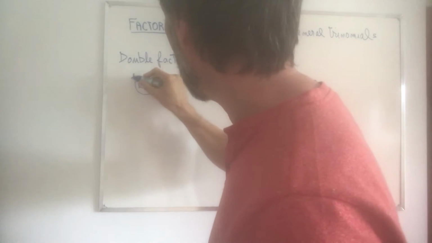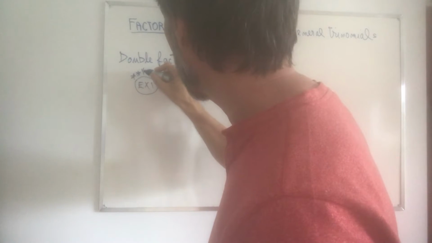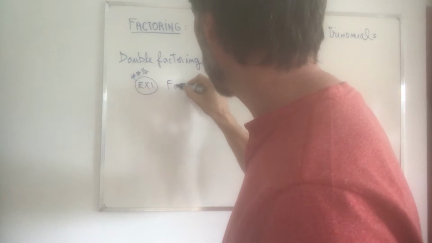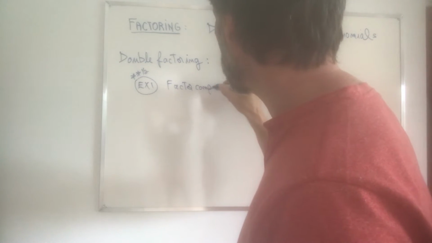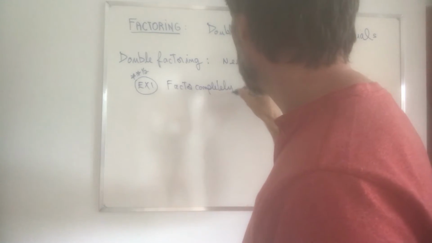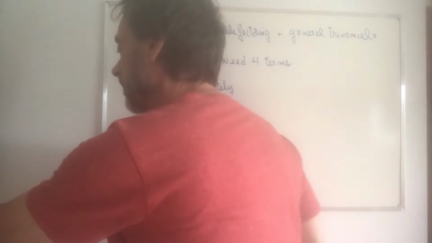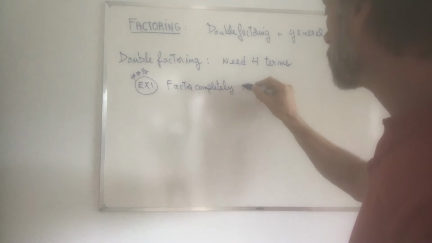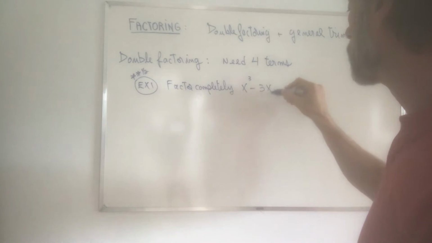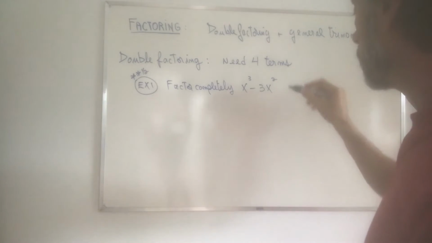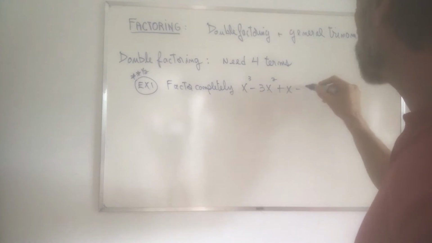So example 1, 2.5 stars. Factor completely, the usual wording for these questions. I have x cubed minus 3x squared plus x minus 3.